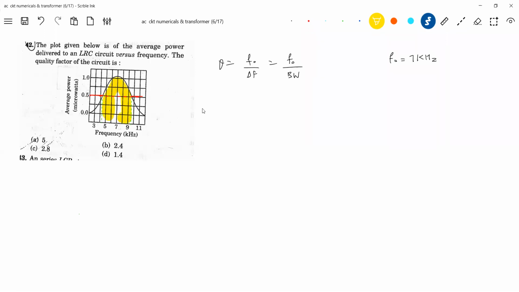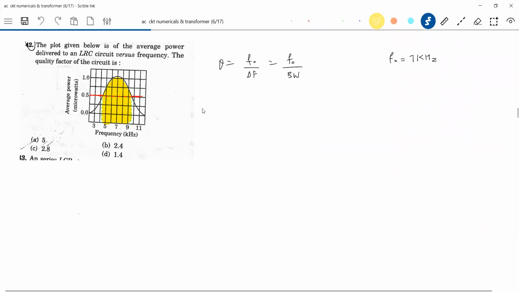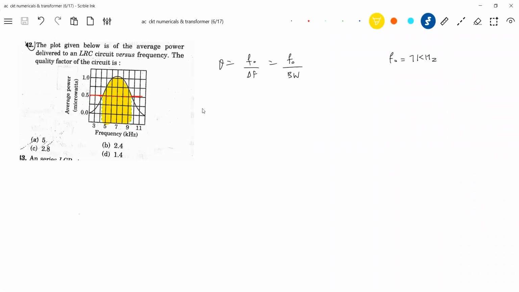Now look at this yellow shaded part. The green vertical dotted lines will give us the cutoff frequencies.